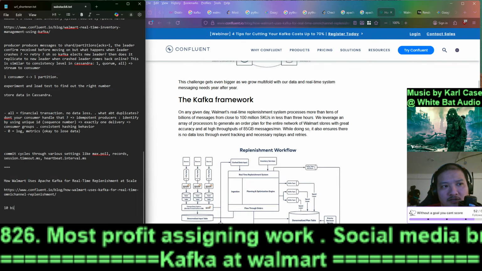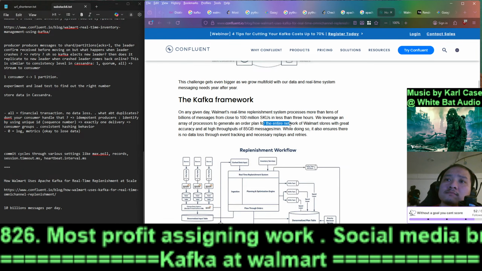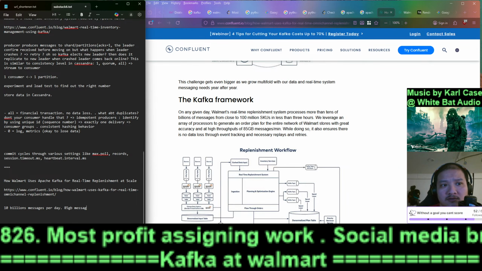So 10 billion messages per day. 85 gigabytes of messages per minute. Is that a lot?